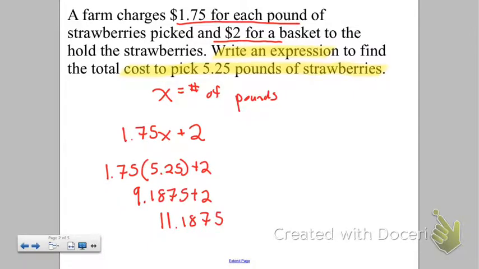And since we were talking about money, I'm going to round it to look like money. So I'm going to round here. After the 8 is a 7, so it's going to round up and be 11.19. So it's $11.19.